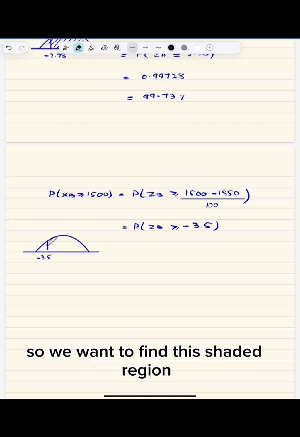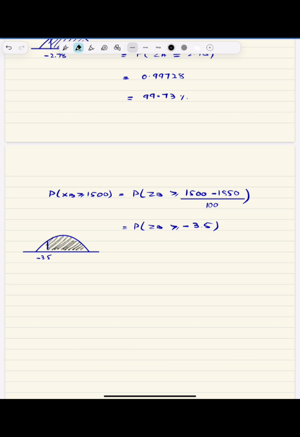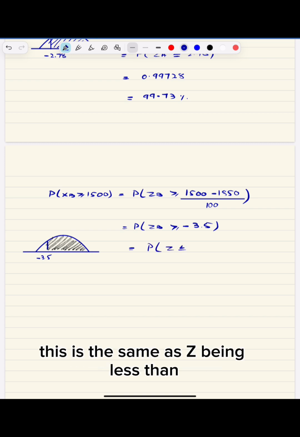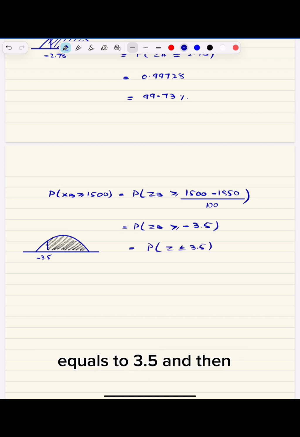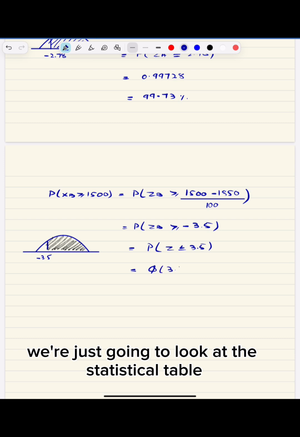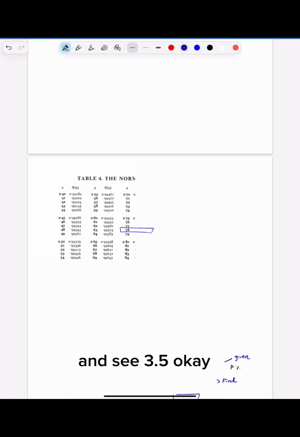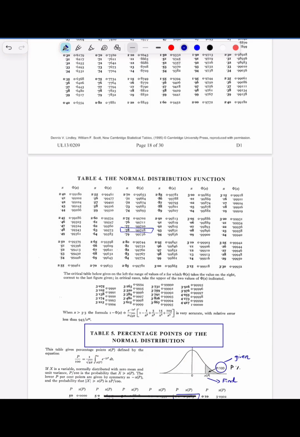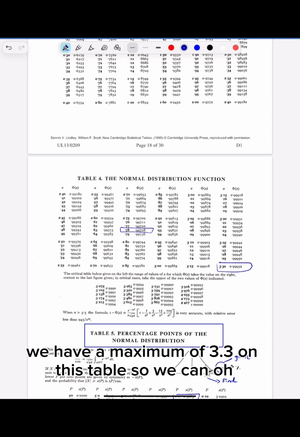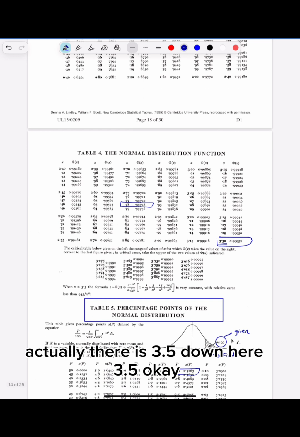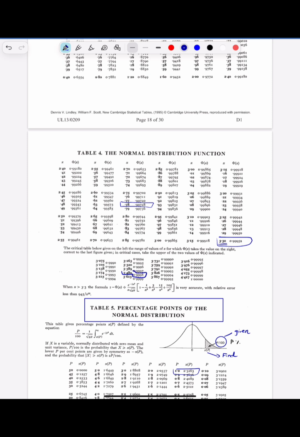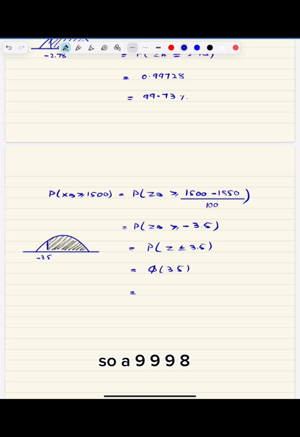So we want to find this shaded region. We're going to use the symmetric property. We're going to say this is the same as Z being less than or equal to 3.5. And then we're just going to look at the statistical table and see 3.5. We don't have a 3.5. We have a maximum of 3.3 on this table. Oh, actually there is 3.5 down here. 3.5, so 0.9998.